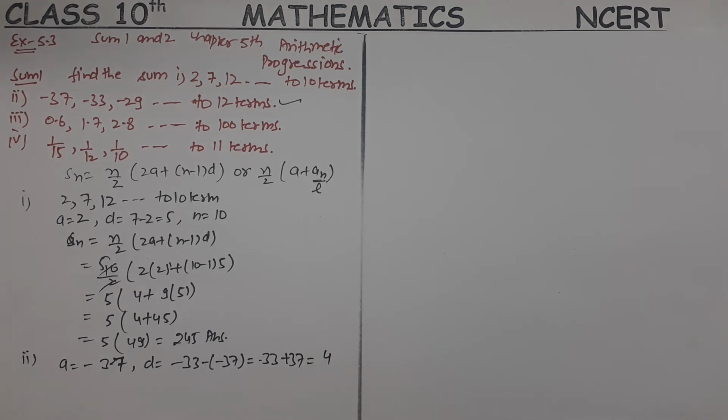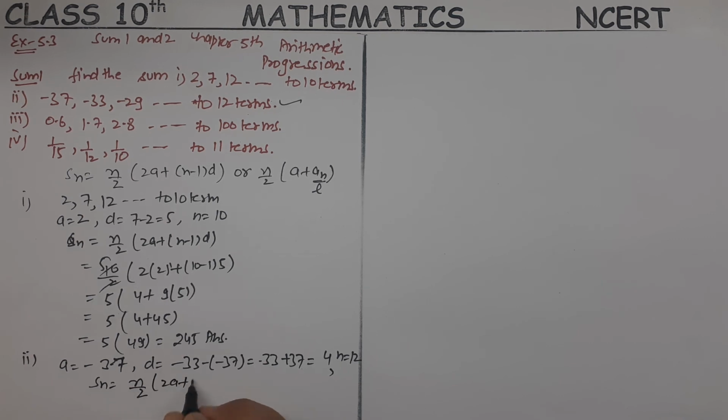We have 4 and n is 12. To find Sn, n by 2 into 2a plus (n minus 1)d.